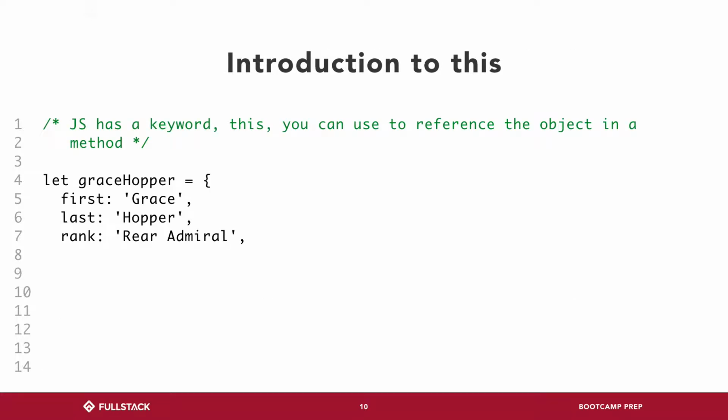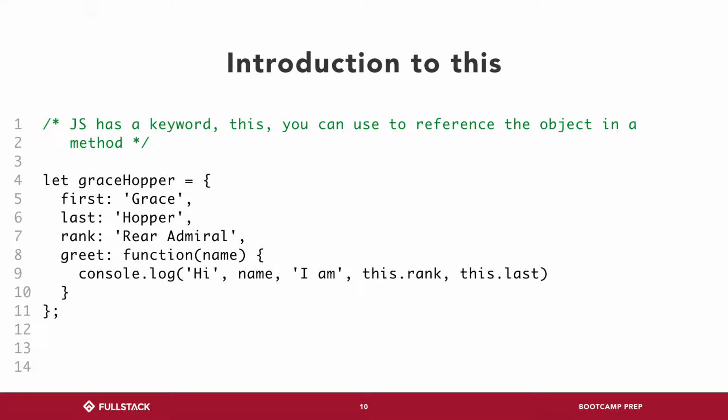Okay. So now this is one of the most confusing things that trips a lot of people up: the word this. There's a lot more to this than what we'll cover, but we'll start off here and take it slow, because honestly, I've been learning JavaScript for 2 years and I still get confused sometimes by this.